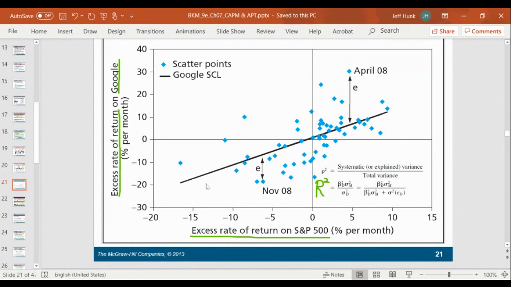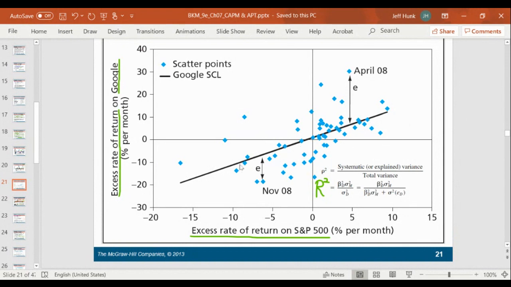And the best fitting regression line is, of course, automatically found by Excel, but the technique to find the best fitting regression line is called OLS, ordinary least squares method.